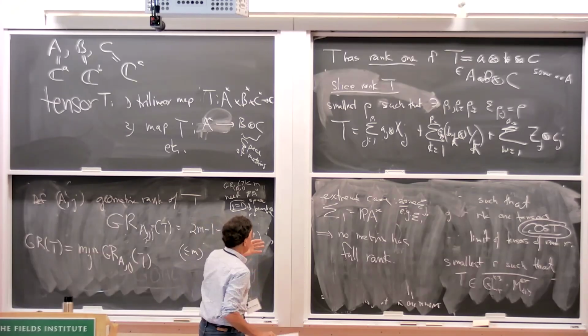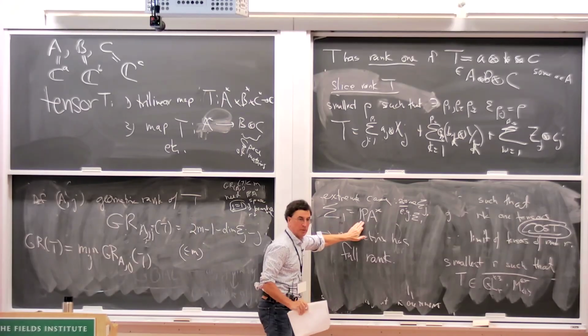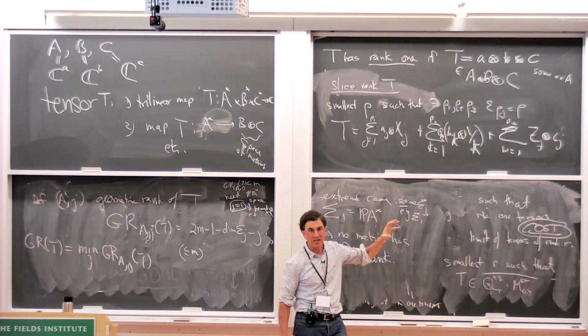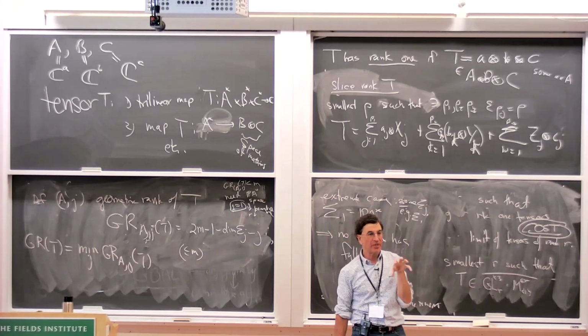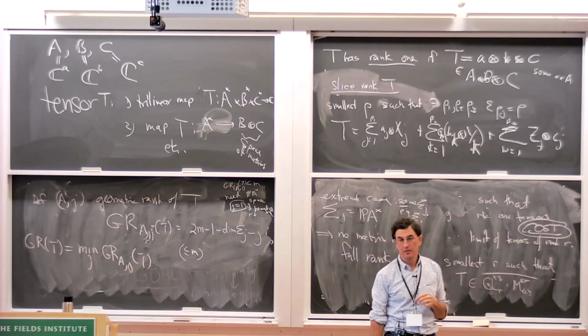And so if I have sigma 1, or even more extreme, sigma 2, to be the entire space, that's a measure of the pathology, or the structure, of my tensor.